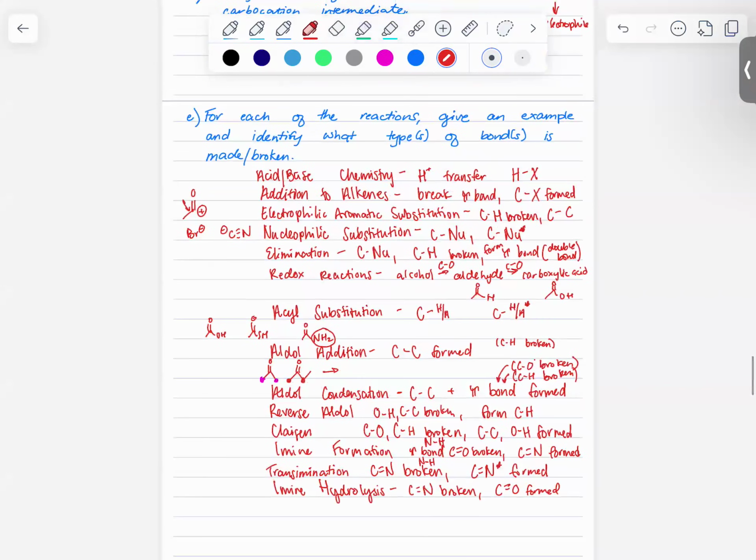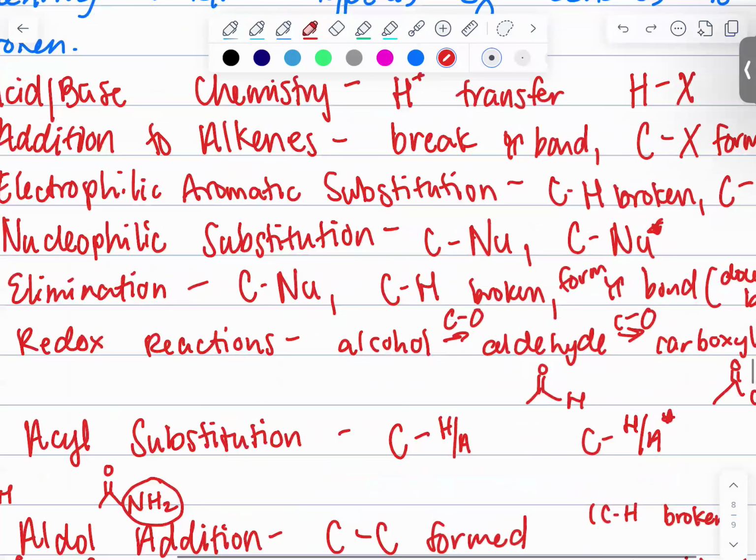Are there questions about specific aspects of this? What do you mean the in-between steps? In this direction, it's oxidation. In this direction, it's reduction.